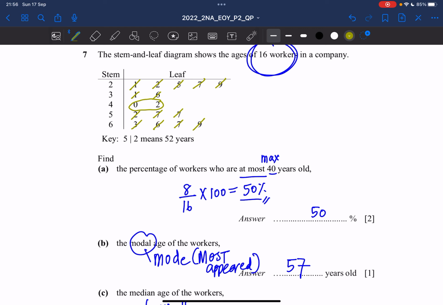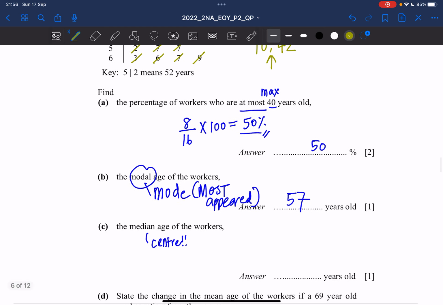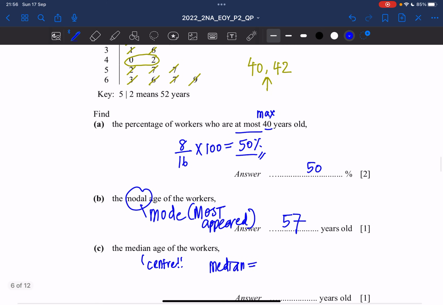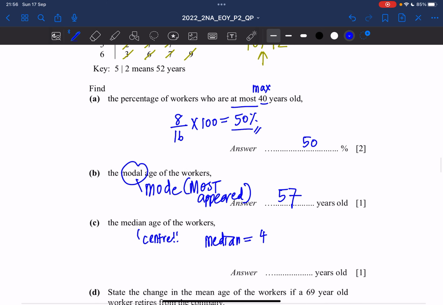So how do we find our median? These two numbers are actually 40 and 42. So what is in between? So our median equals 40 plus 42 divided by 2.